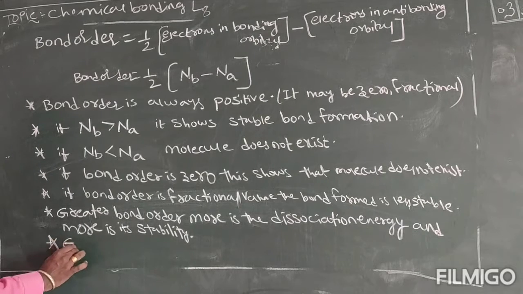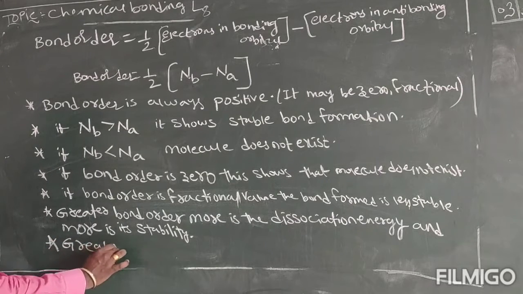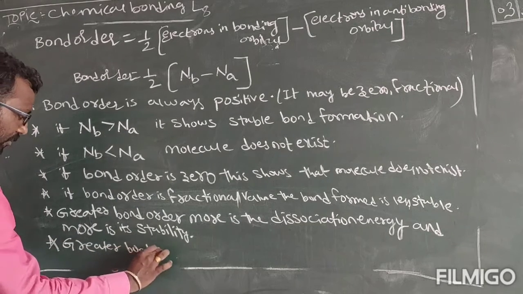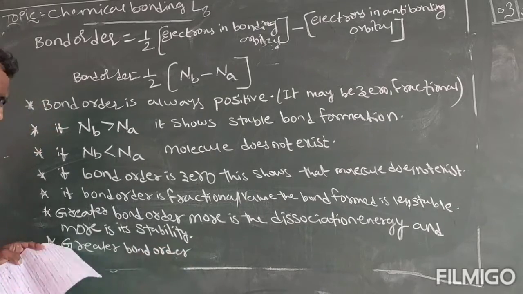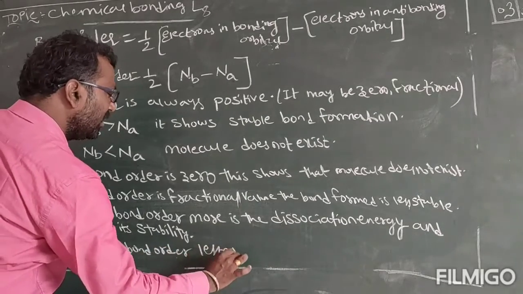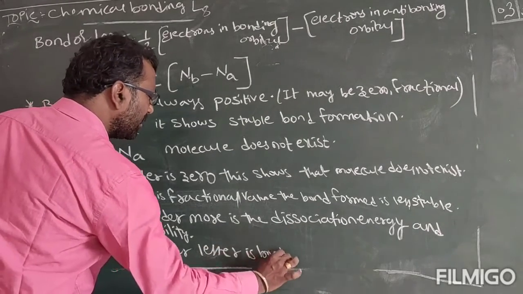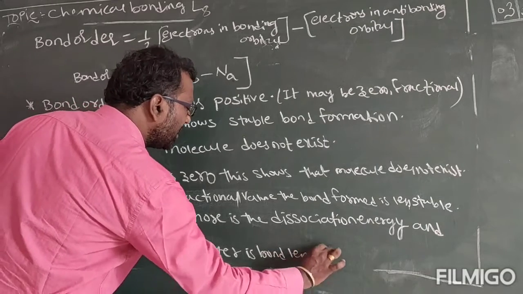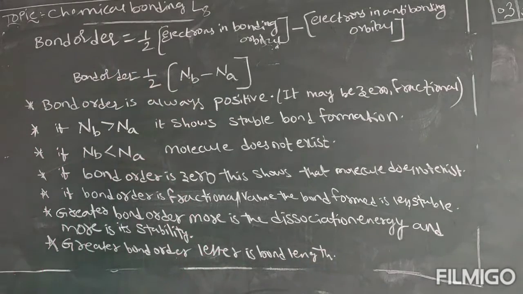Next, greater bond order, lesser is the bond length. So these points are more important for JEE and NEET and all the competitive exams.